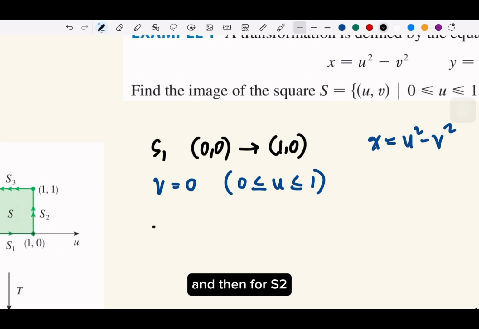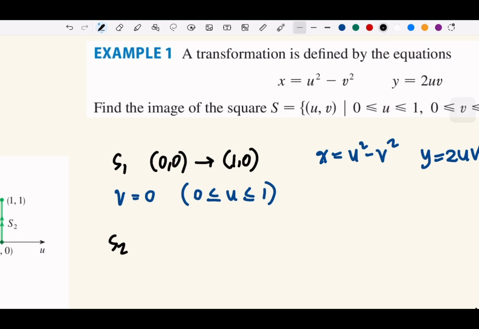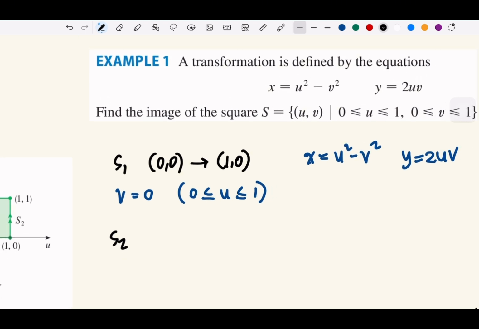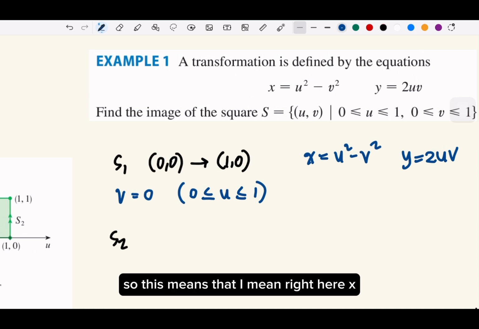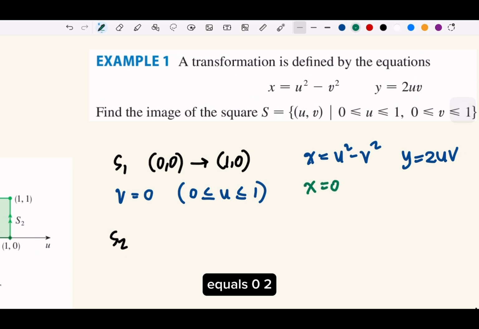And then for S2, this means that x goes from 0 to x equals 1.